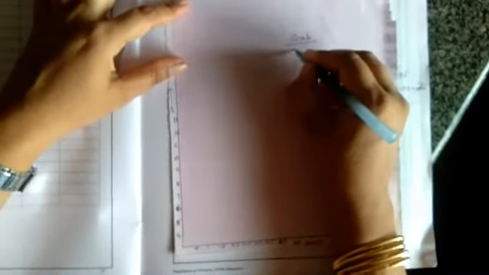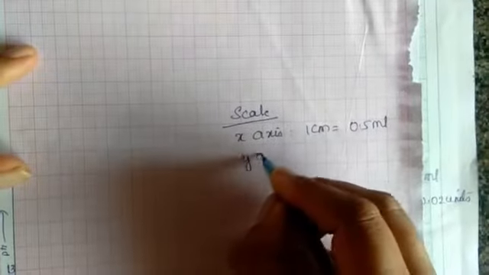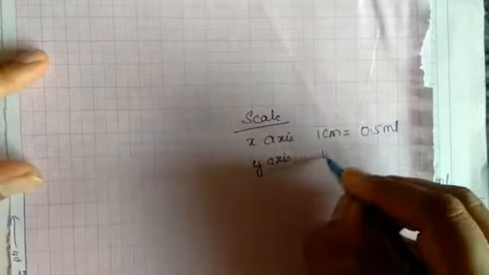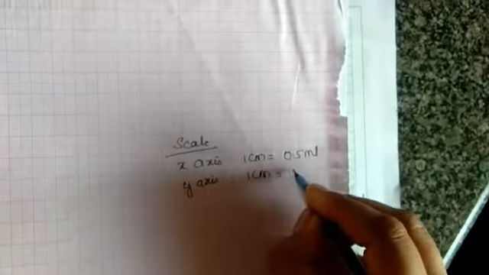The scale I have taken along the x-axis is 1 centimeter equal to 0.5 ml. Y-axis 1 centimeter is equal to 1 unit, because 1 pH. Everywhere I have taken an increment of 1. Now I will plot the graph.